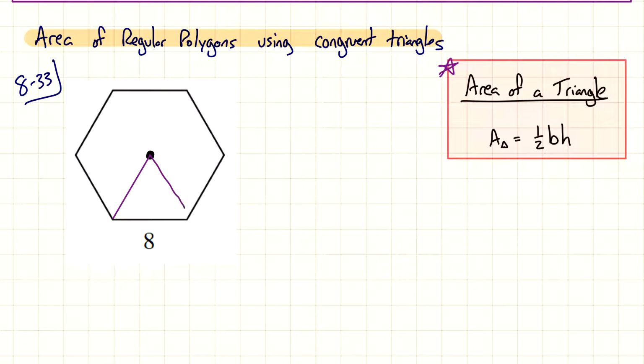From the center, since I'm just really focused on one triangle, let's take this triangle.